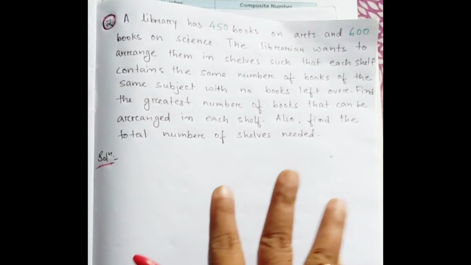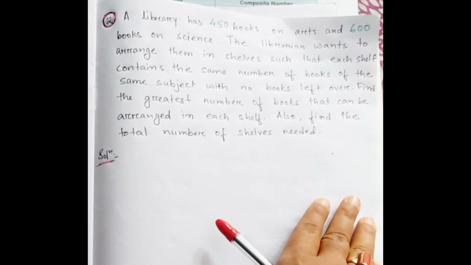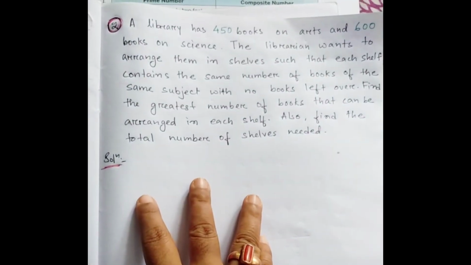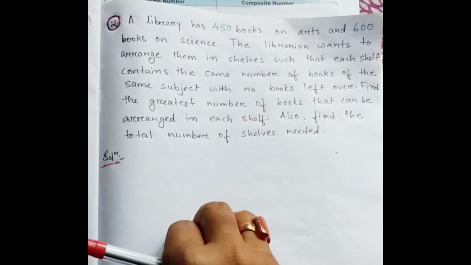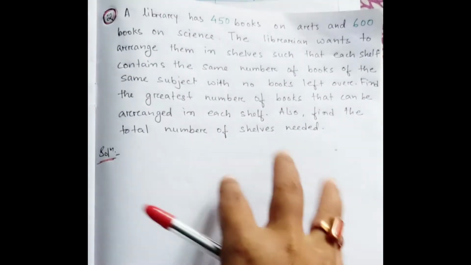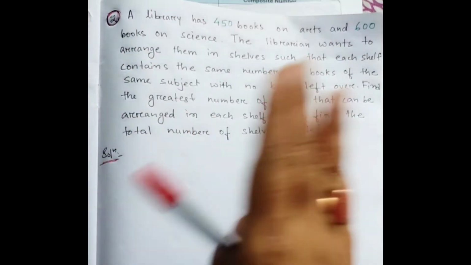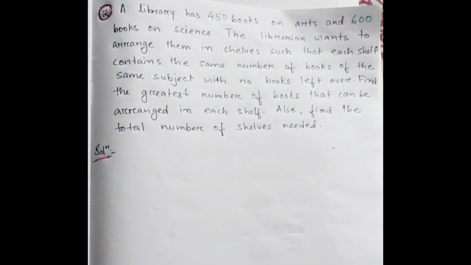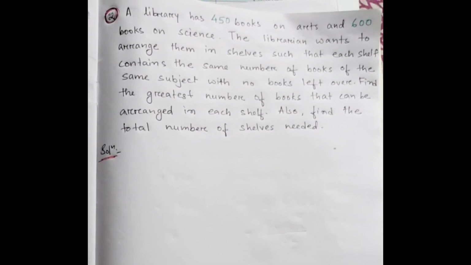That means if there are 5 shelves, suppose, each shelf should have the same number of books on arts and the same number of books on science also, and when he arranges it there should be no books left over. That means all the books should be placed in those shelves only.